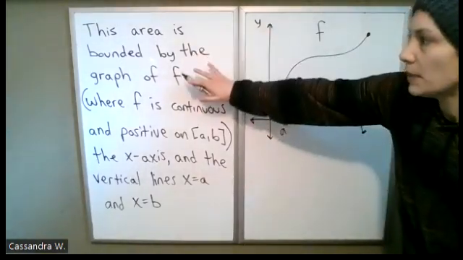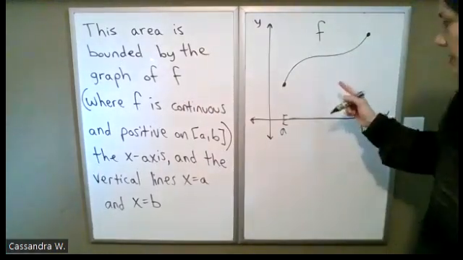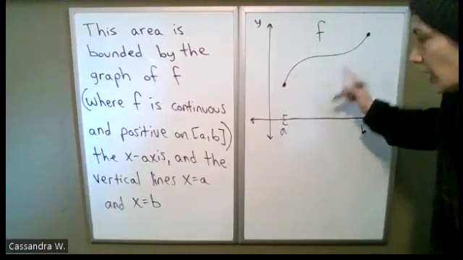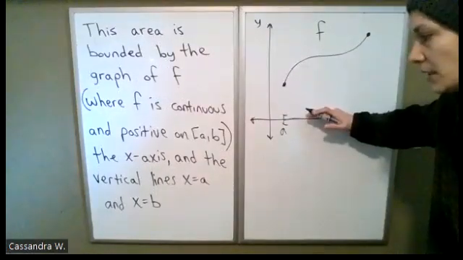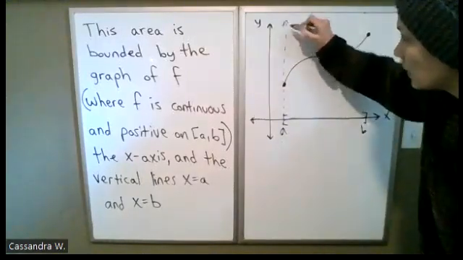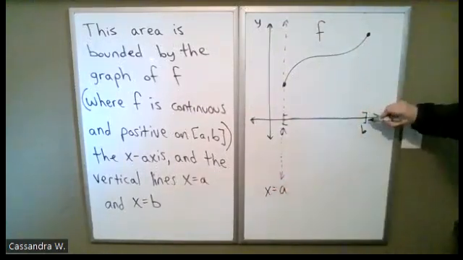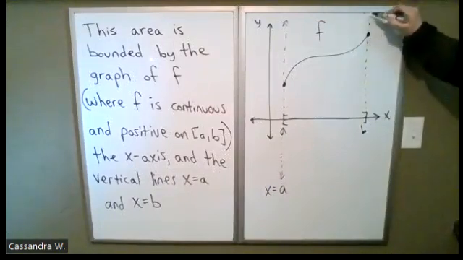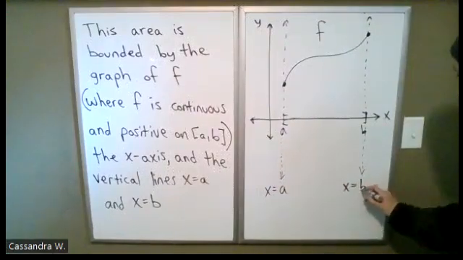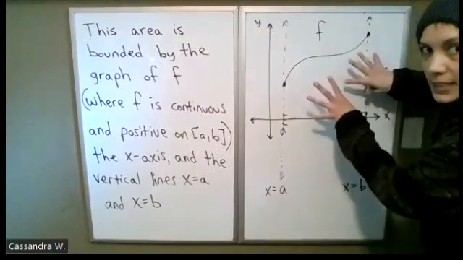So the area is bounded by the graph of f, this sketch of all the points x, f of x, and the x-axis here to here. And the vertical lines, x equals a, so straight through here, and this line, x equals b. y is any number, x is always b. From that line to that line, the x-axis to the function, that's the area.